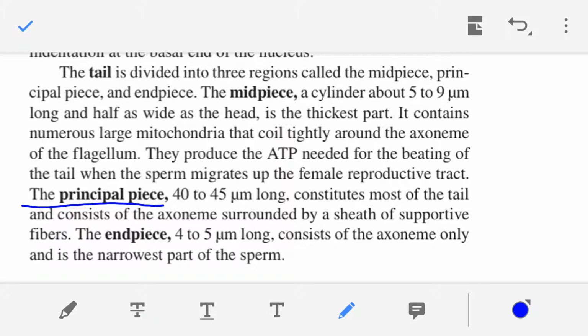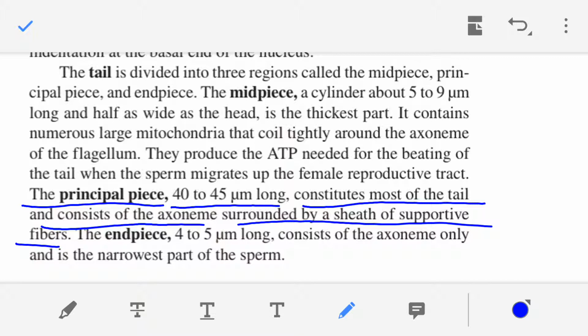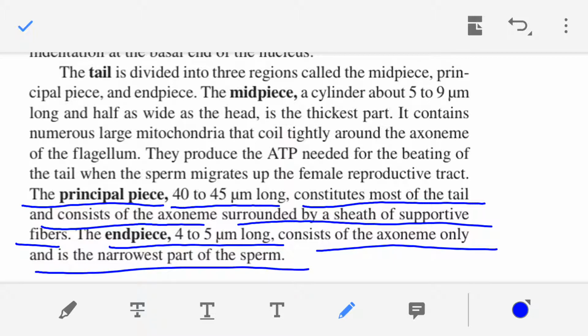The principal piece is 40 to 45 micrometers long, constitutes most of the tail and consists of axoneme. The principal piece is made up of axoneme, which is surrounded by a sheath of supportive fiber. The end piece is 4 to 5 micrometers long and consists of the axoneme only, and the end piece is the narrowest part of the sperm.